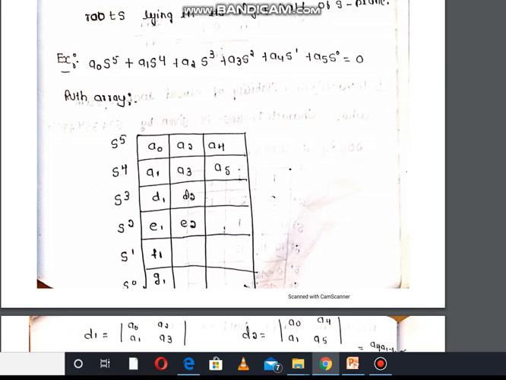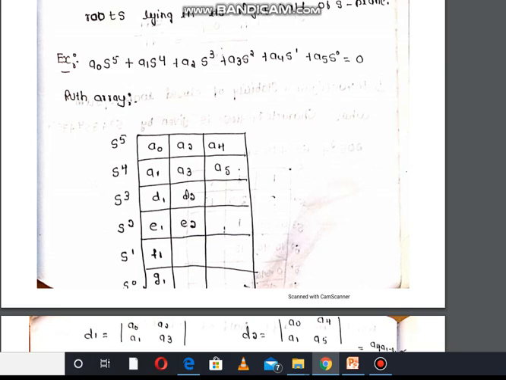The highest power here is s to the power 5, so I write s to the power 5, and the coefficient a0 goes in the first column. Then I go for the next odd power in decreasing order, s cube, and write its coefficient a2 in the second column.